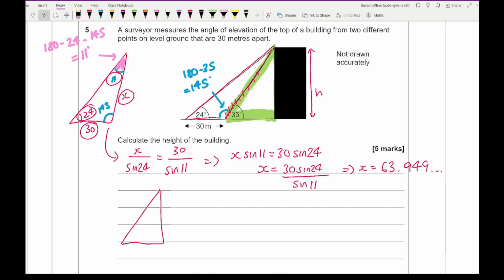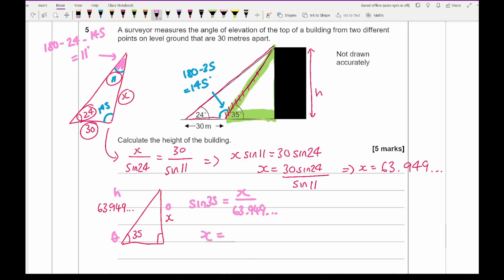Now, taking that right angle triangle out, I now know that this angle here is 35, this length here is 63.949, which is still on my calculator, and this is what I'm wanting to know, the height. So using SOHCAHTOA trig, because it's a right angle triangle, this is h, this is o, and 35 is theta. So I'm going to be using sine. So I've got sine, actually it shouldn't be sine x, it should be sine 35, equals x over 63.949.